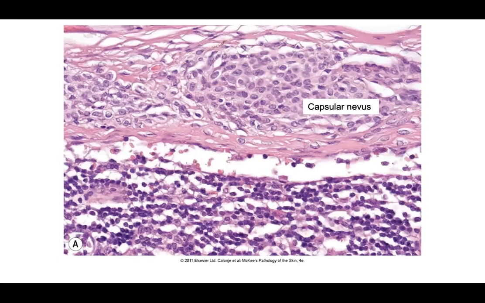So here is an example of a capsular nevus sitting in the outside capsule of the lymph node. So these are bland non-melanoma cells. These are just normal melanocytes that are on the outside of a lymph node. You can see they're a small, monotonous population. Immunohistochemically, they would be SOX10 positive, melan-A positive, but they should be negative for HMB45. They should be negative for PRAME.